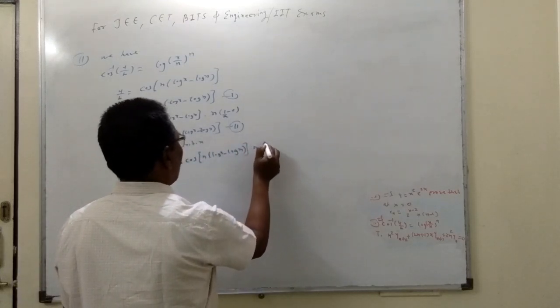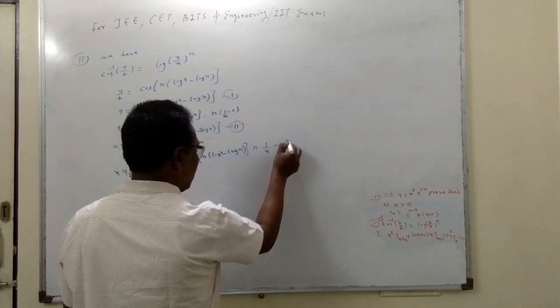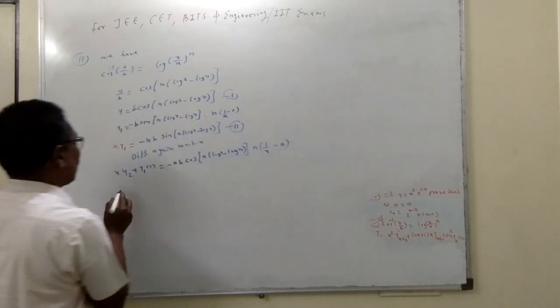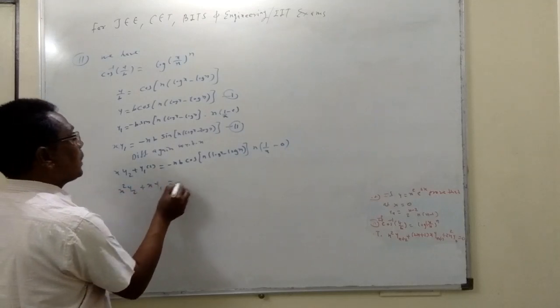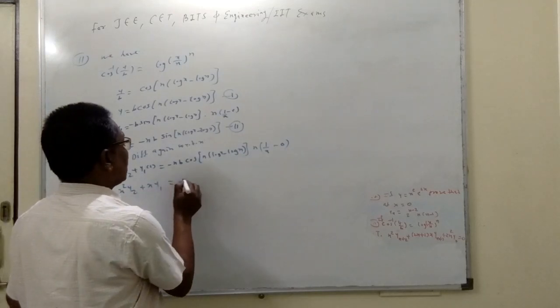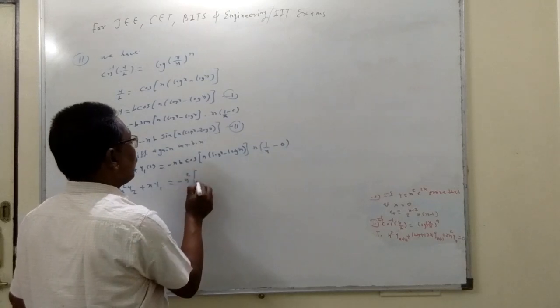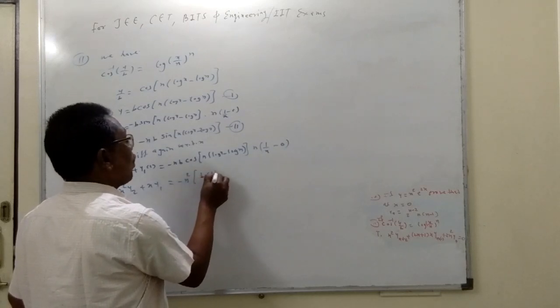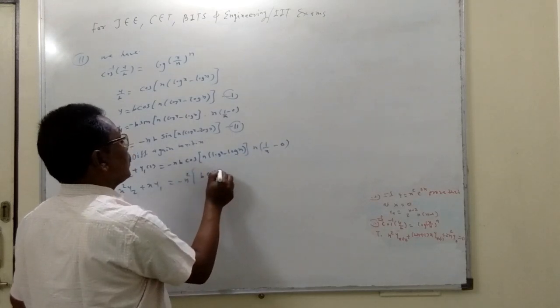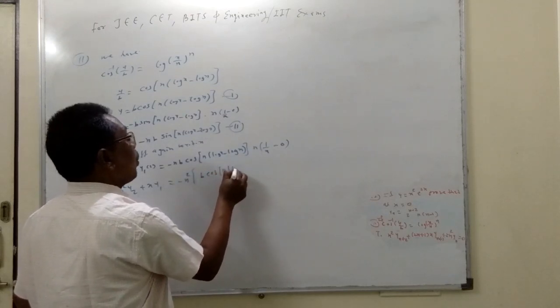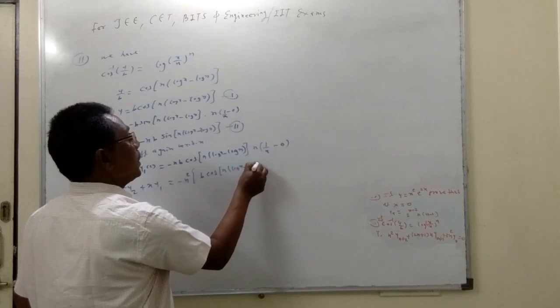So n constant, log x is 1 upon x and log a is 0. So this x will take to this side. So x square y2 plus x y1 is equal to minus n square into b cos n(log x minus log a).